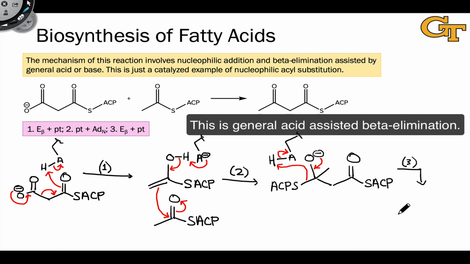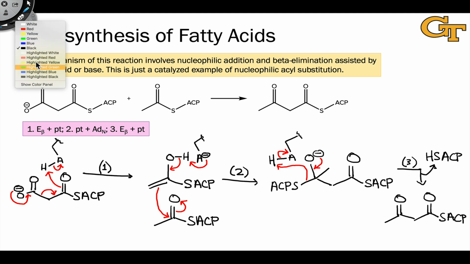This third step generates the neutral beta-keto thioester product, as well as the ACP thiol. From the broader perspective of fatty acid synthesis, what this reaction has done is elongated the thioester by establishing a key carbon-carbon bond between the alpha carbon of acetyl-CoA and the carbonyl carbon of another molecule of acetyl-CoA, in essence lengthening the fatty acid chain by 2 carbon units.